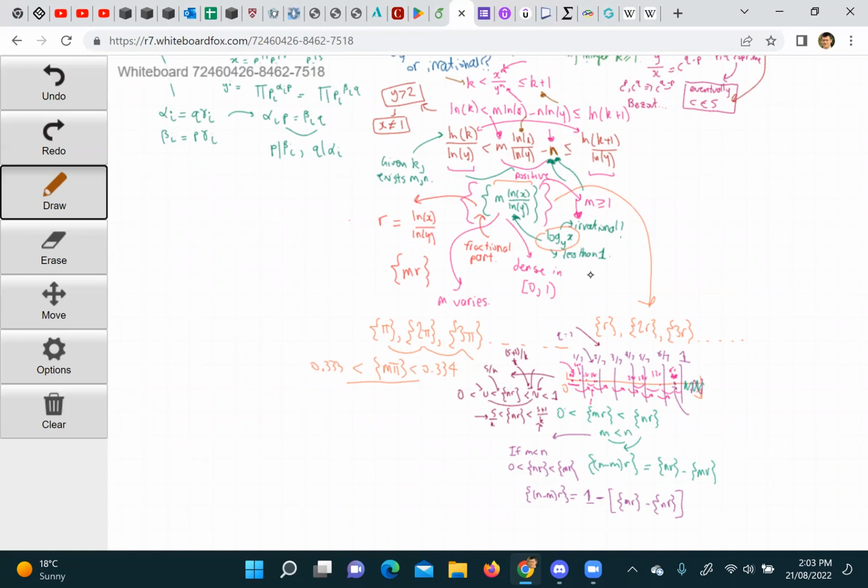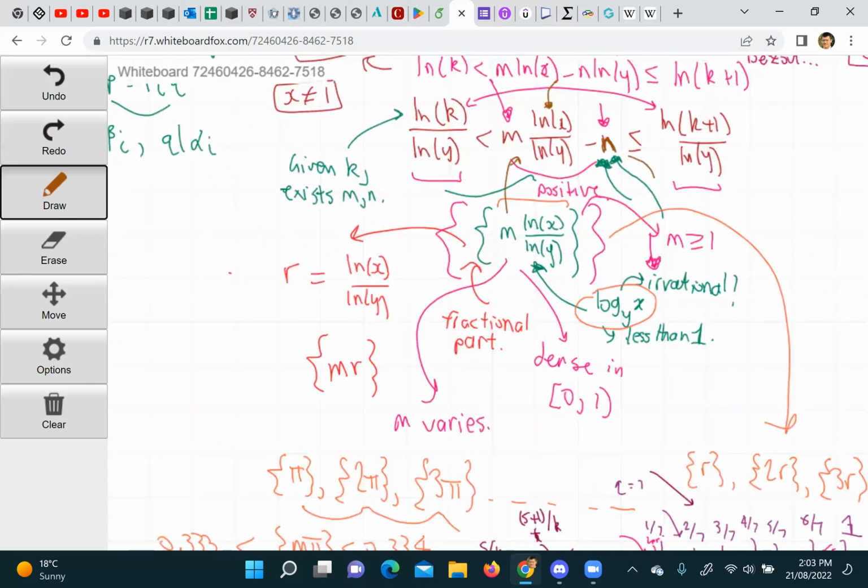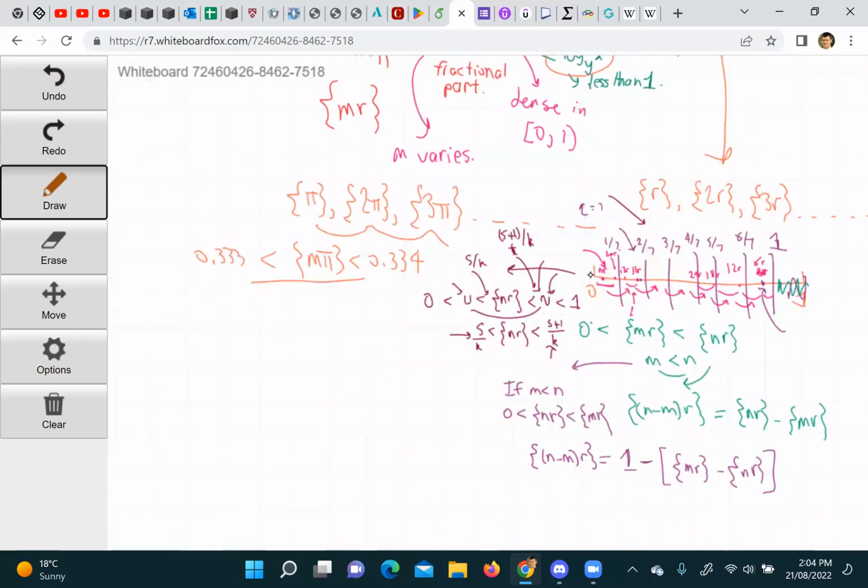But you also need m to be sufficiently large, because n has to be positive, so I guess you want to choose a large m. So it's slightly stronger: you want sufficiently large m that satisfies the dense condition.